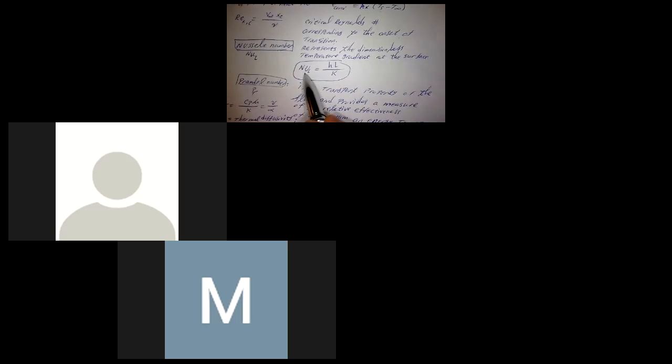Nusselt number represents the dimensionless temperature gradient at the surface. So the Nusselt number as a function of length is h, which is the convective heat transfer coefficient, times the length divided by thermal conductivity. This is the famous formula. We call it the Nusselt number, very good.